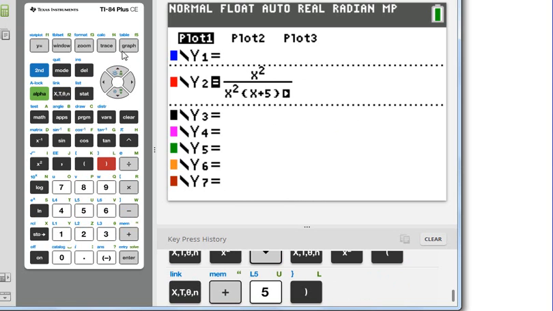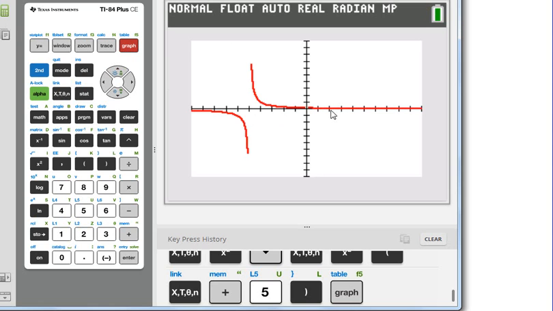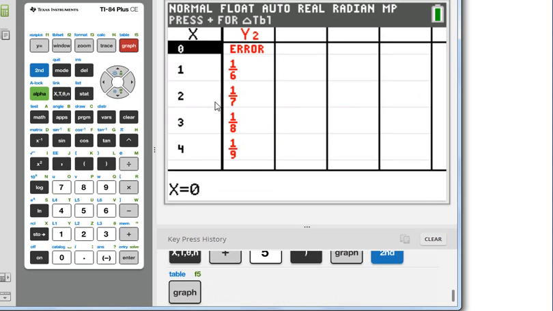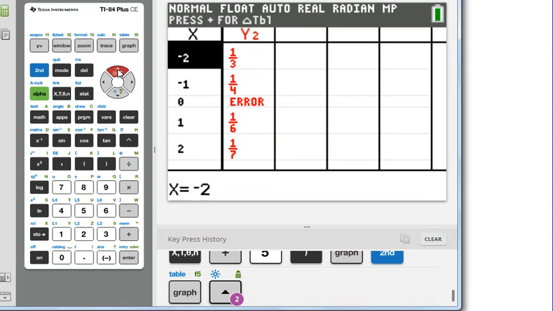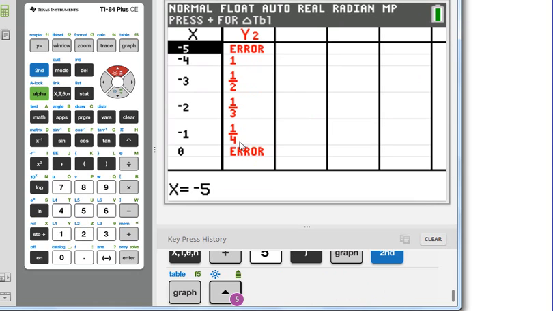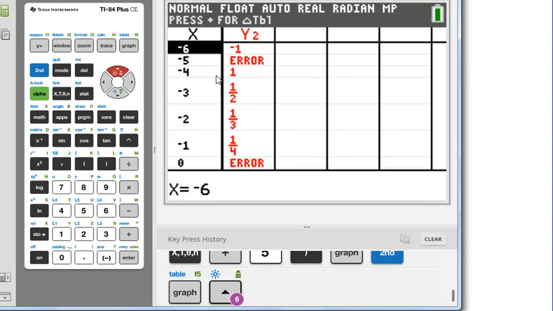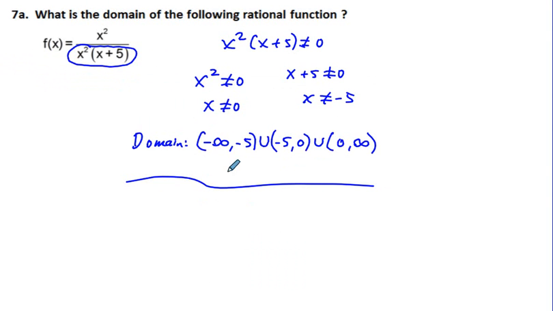And when we graph, we can see our break at -5 but not at 0. But if we go to the table view, we can see that we have a discontinuity also where x equals 0. So anyway, those would be the breaks, and then this is the rewrite in our interval notation.